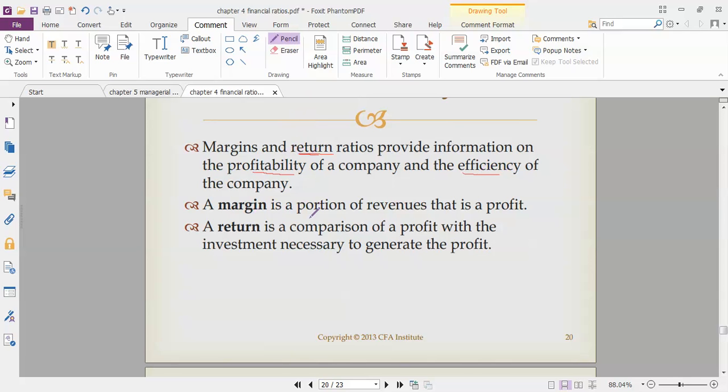A margin is a portion of revenues that is profit. We call it margin, usually referring to profit.